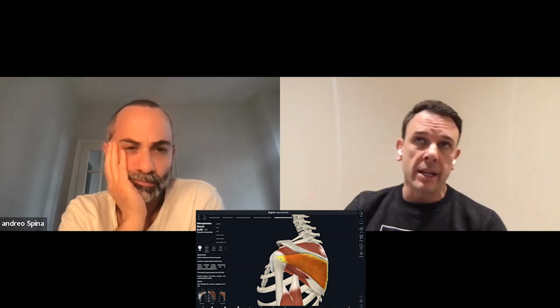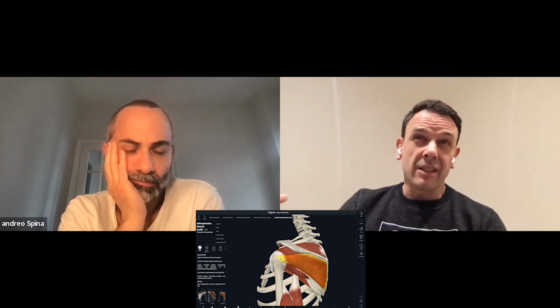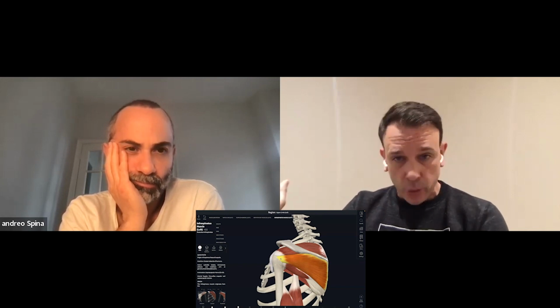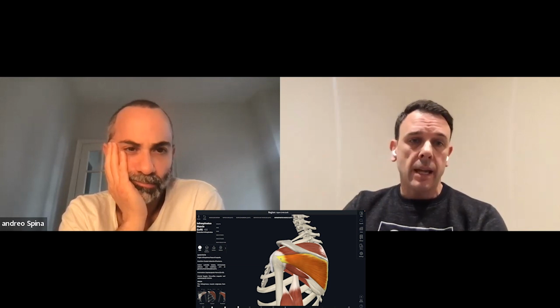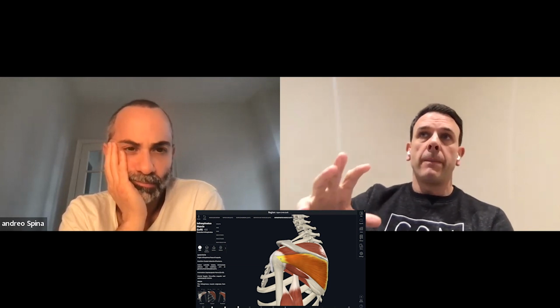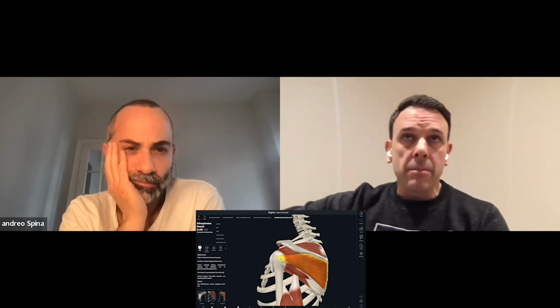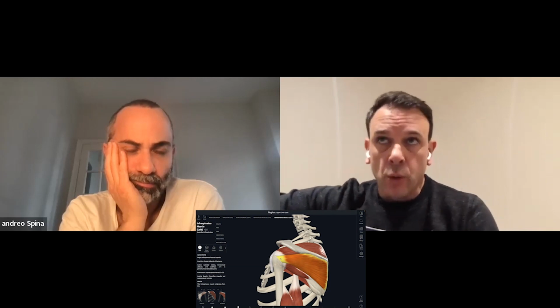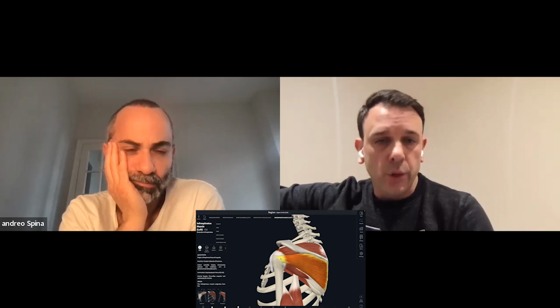So now you have to start thinking about, what is this shoulder supposed to be doing? Is this a high performing overhead athlete shoulder? Well, the training of that tendon should be in alignment with what that shoulder is going to be doing down the road.